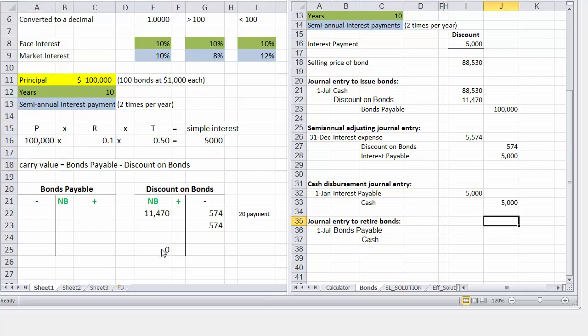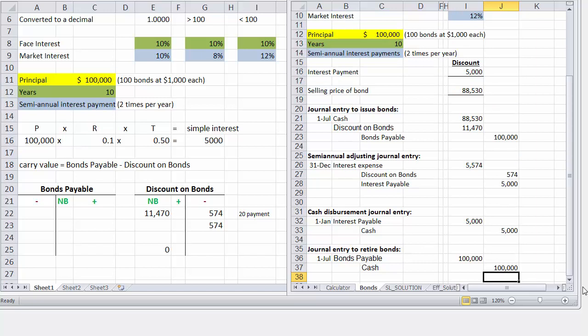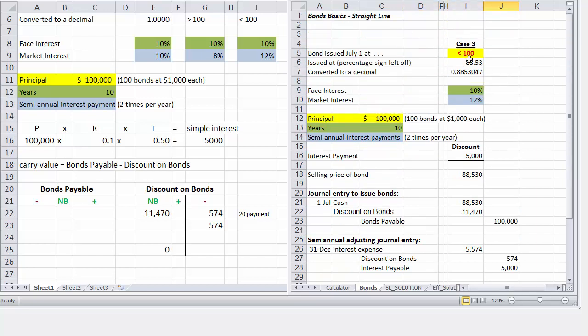And since it's now 0, we just debit bonds payable for the full 100,000, and we credit cash for the 100,000 because we have to pay back 100,000 even though we only initially received the 88,530. So that's how the entries will be different for case 3 when the bonds are issued at a discount.